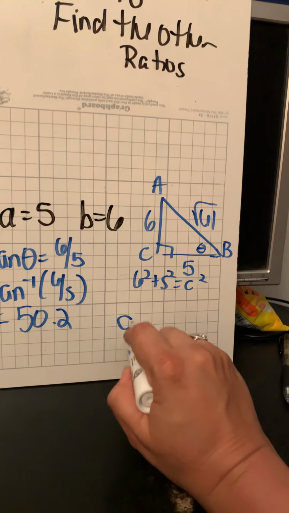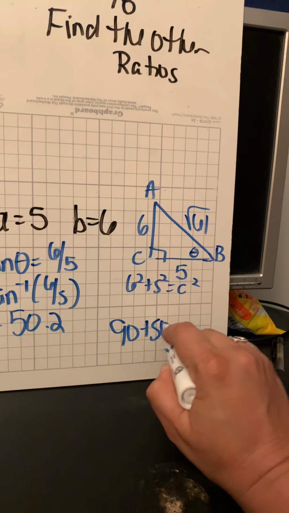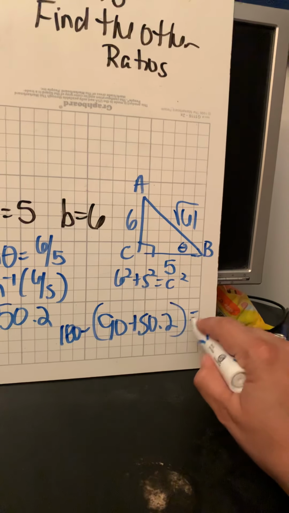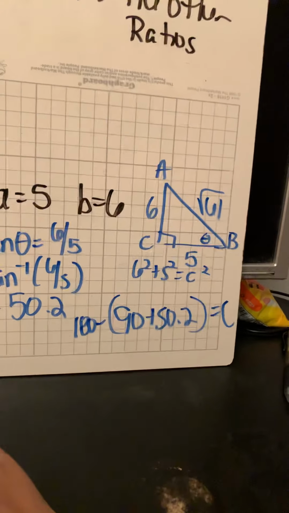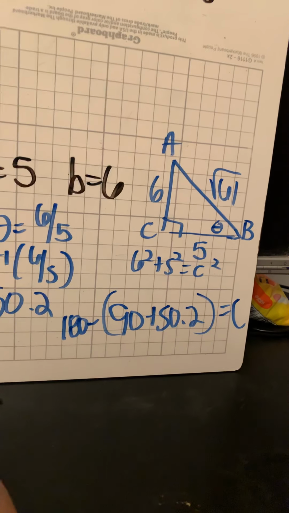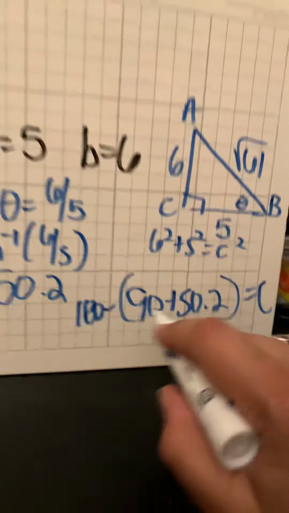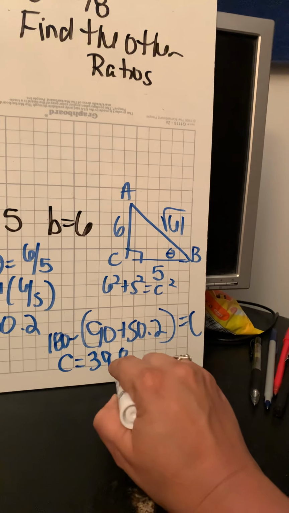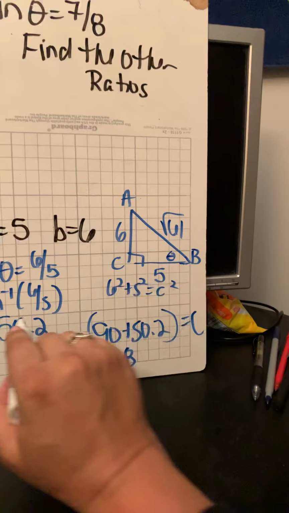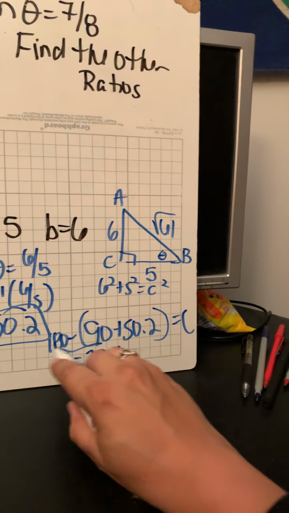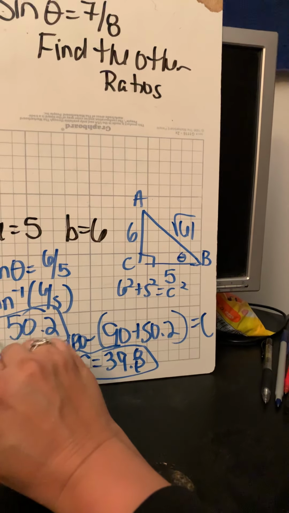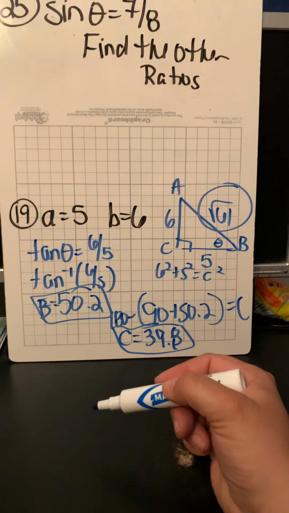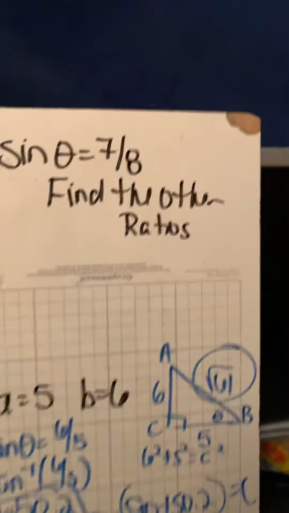So to find that other angle, 90 plus 50.2, the quantity of that, 180 minus it, gives you C. 90 plus 50.2, 140.2, 39.8. Big C is 39.8. So now we found all of the missing sides and angles. I should have put that as angle B. And there's the side.